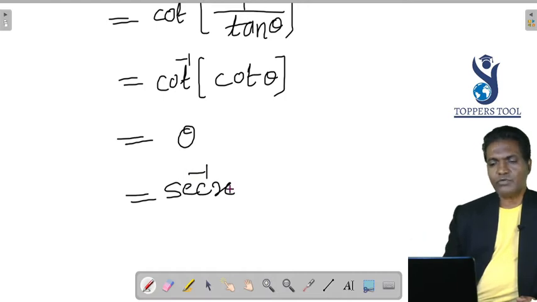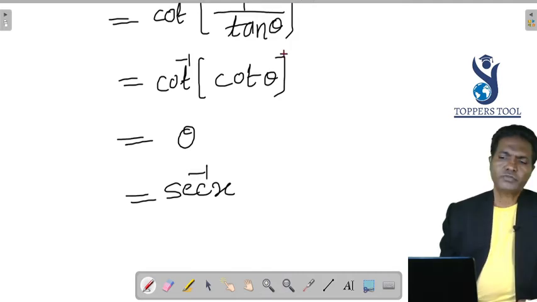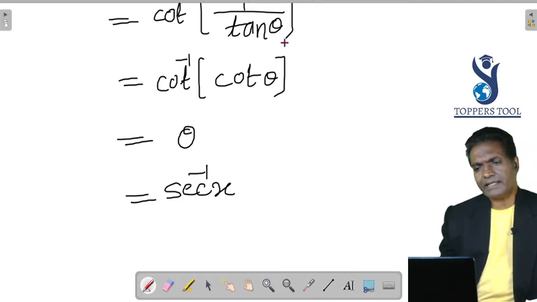See how you got the simplest form. So you must be good at the trigonometric identities. So let's have another example.